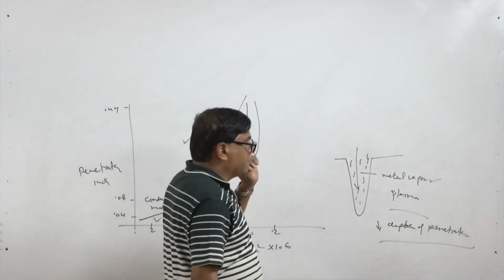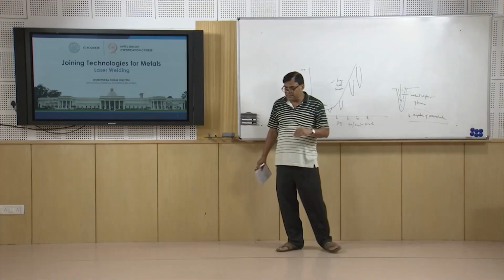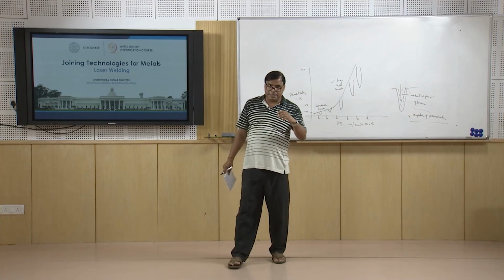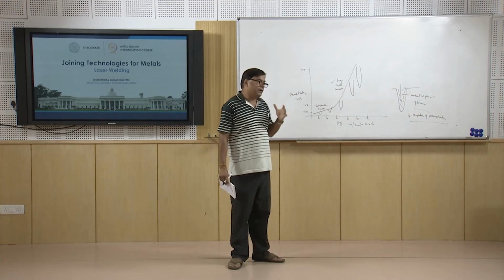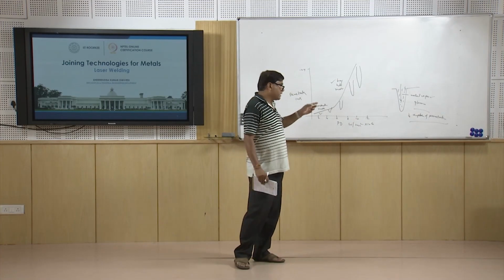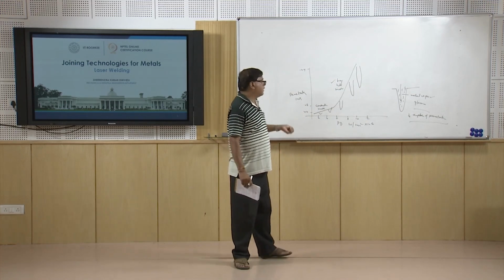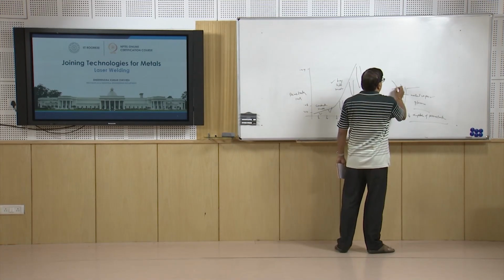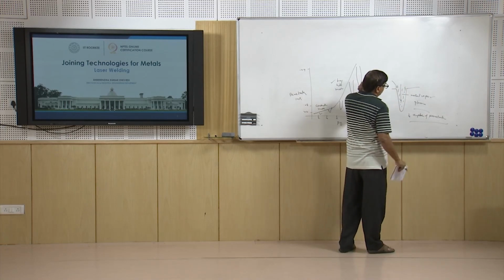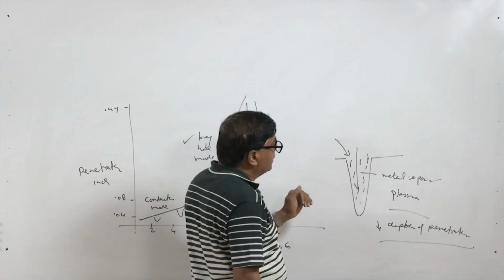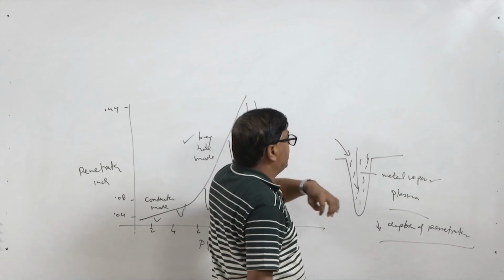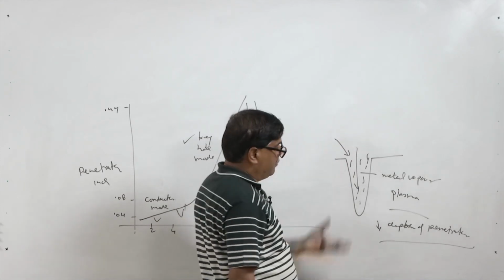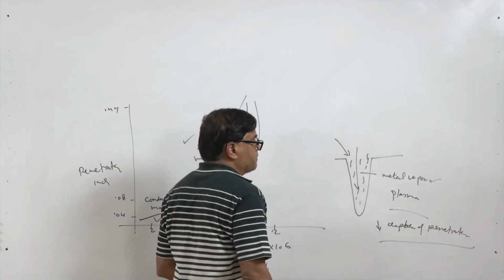Either the energy density and scanning speed parameters are controlled in such a way that plasma formation is avoided, or if it is formed in any case, then the flow of inert gases during welding is ensured in such a way that the plasma is expelled from the hole being formed.